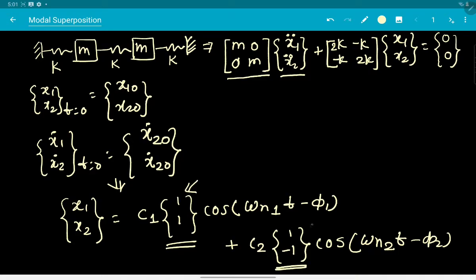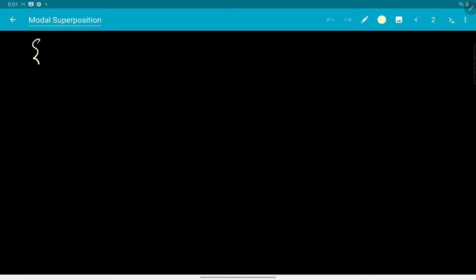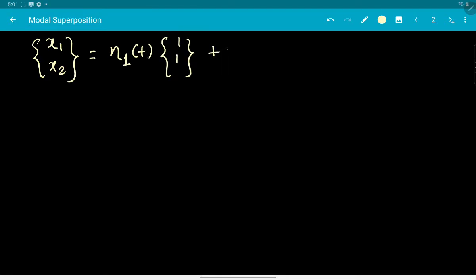This is the first mode shape, this is the second mode shape, and in order to get this solution, you superpose these modes, with a certain amount of contribution from each. You can write what I have just written in this form: x1, x2, as we found, was equal to eta 1 of t, which is a function of time, times mode number 1, plus eta 2 of t times mode number 2.